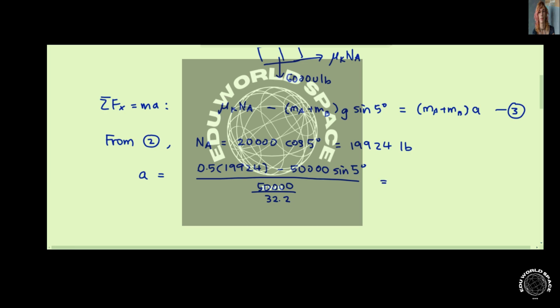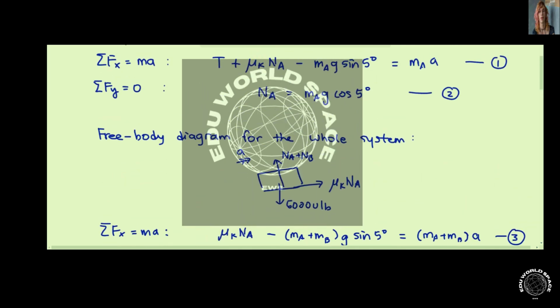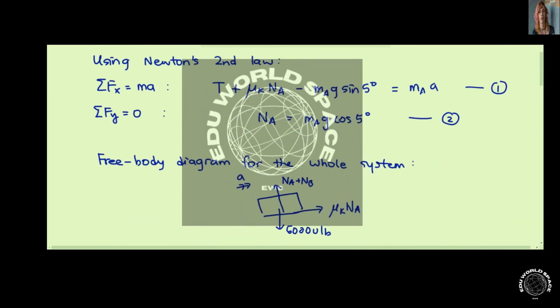So this is equal to 3.61 feet per second squared. And then with this acceleration, we can put this back into equation 1 to find T.